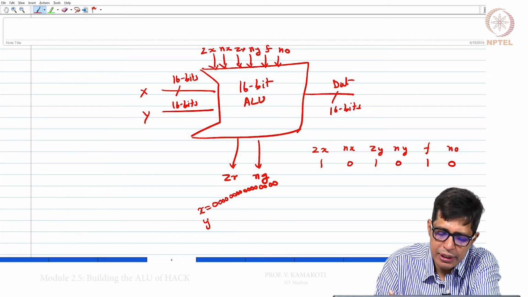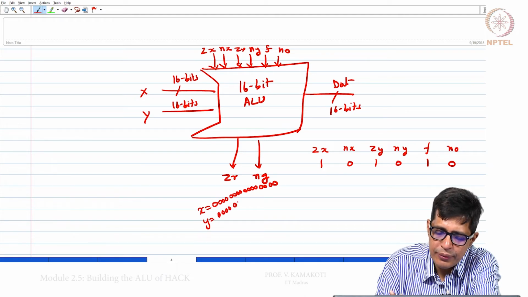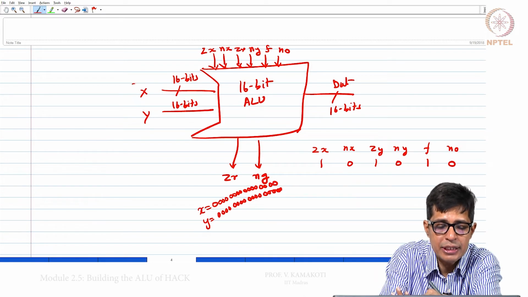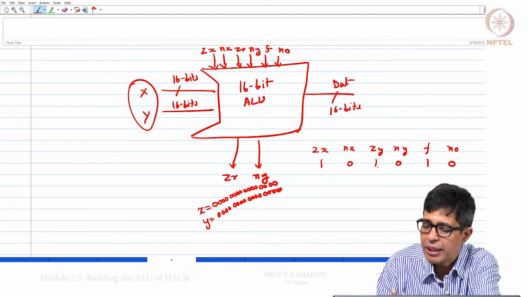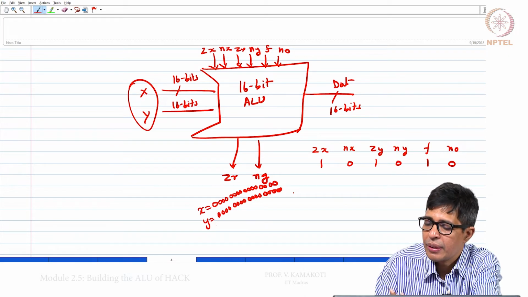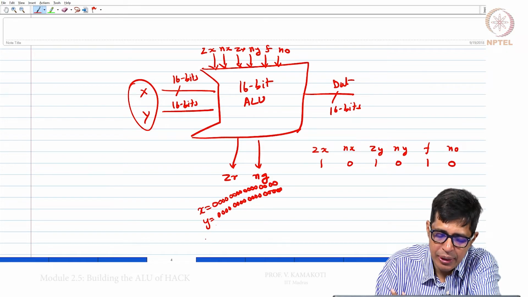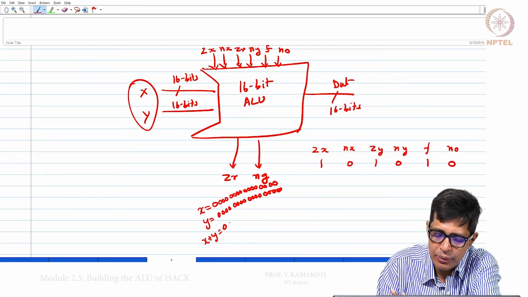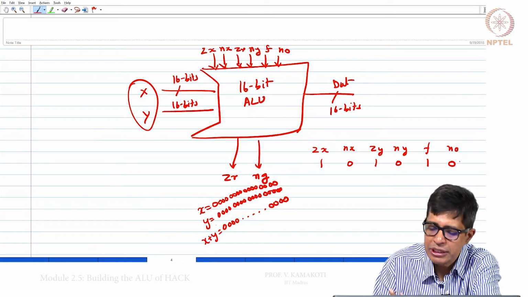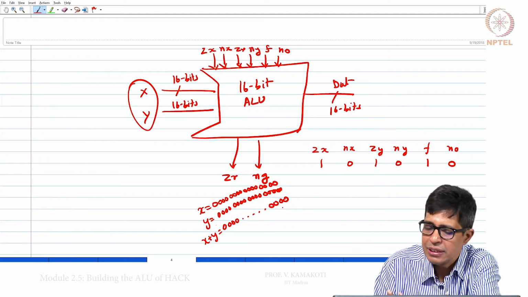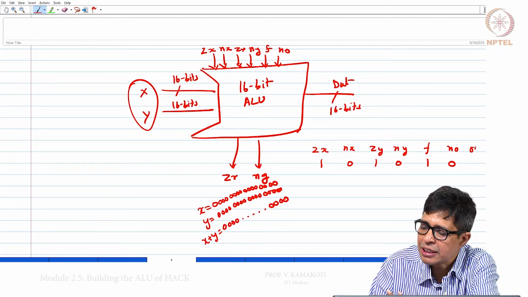Since ZY is 1, y also becomes 0, irrespective of whatever you are sending on x and y. F is 1 means you add, so x plus y will again give 0. NO is 0, so the output is not going to change. The final output would be 0.